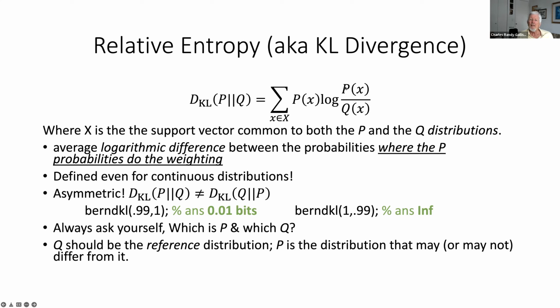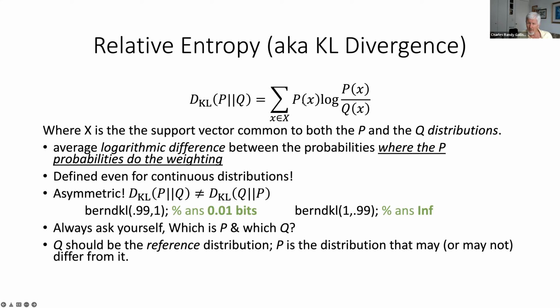So you take over here, you're taking the ratio of each probability in this vector to the corresponding probability in this vector, right? Corresponding means having the same support, okay? So you take the log of all of those ratios and you weight each, so now you've got a whole vector of logs of these ratios and you weight it by the vector of probabilities.